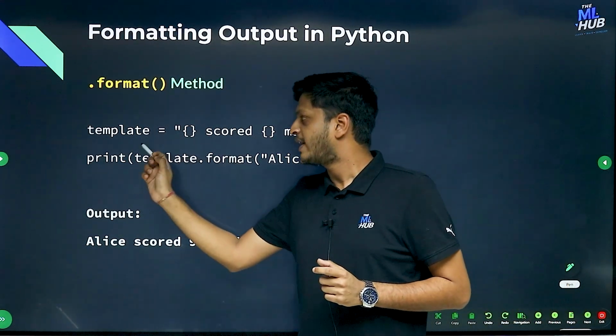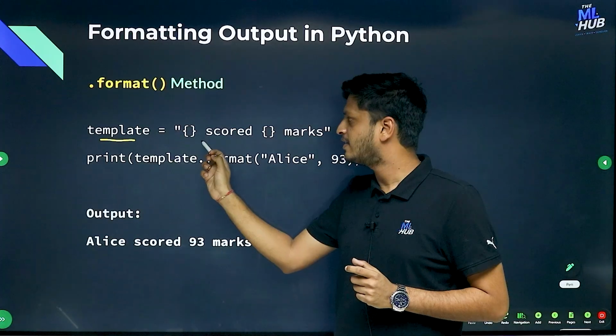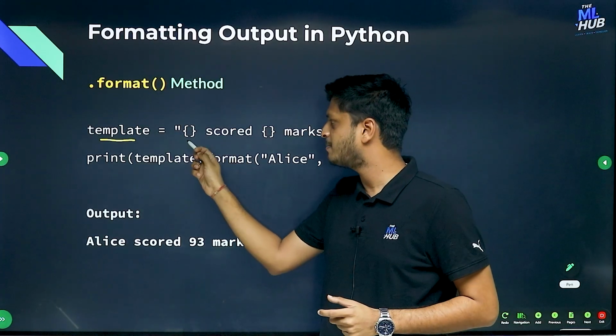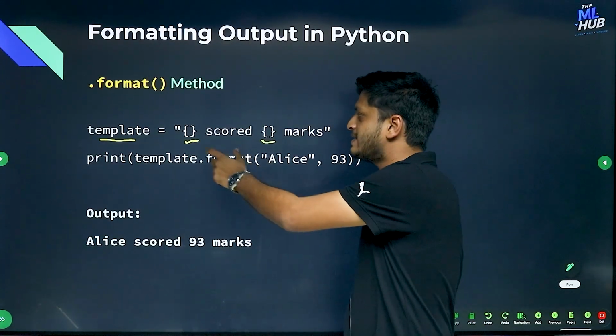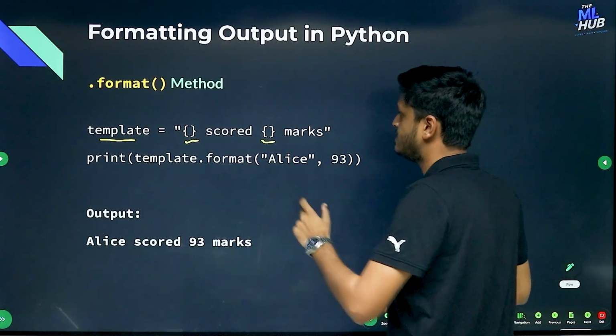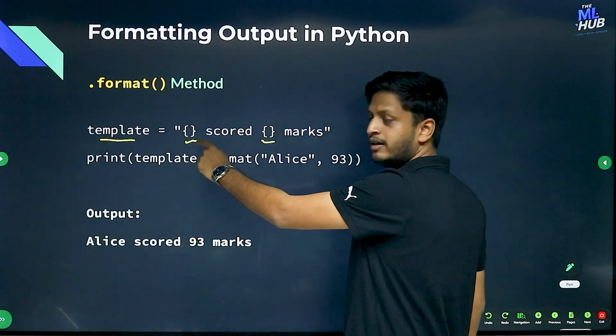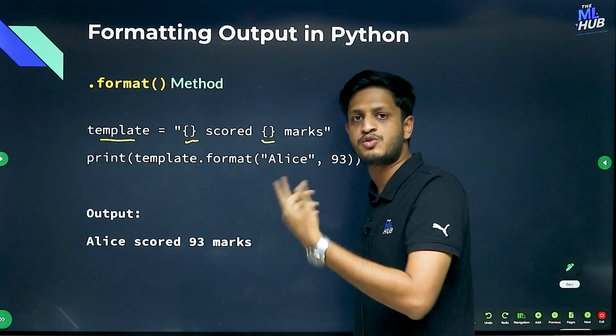So here we have defined a string called template, and inside the string itself we have some pairs of curly brackets. Okay, and these curly brackets are called placeholders. Whenever you are trying to print, you can just say what you want to replace these curly brackets with.